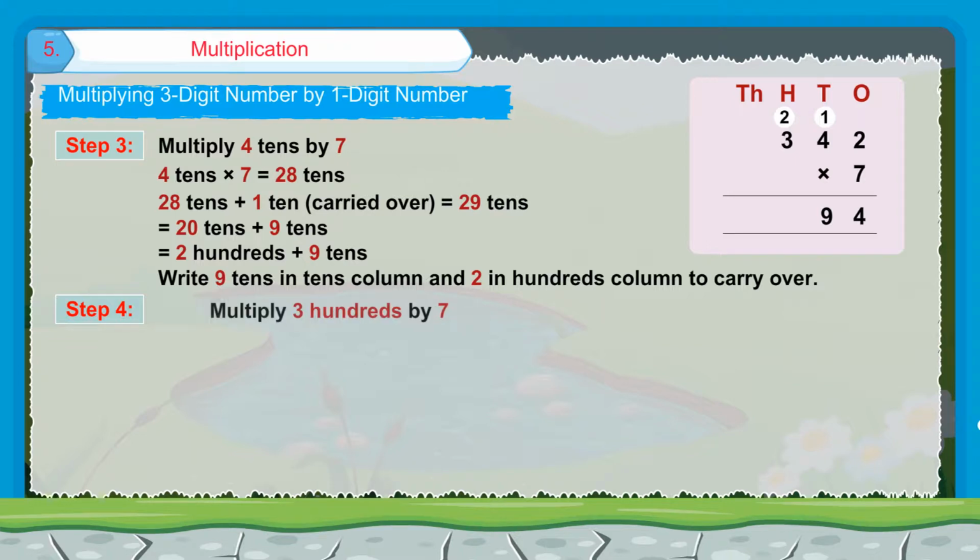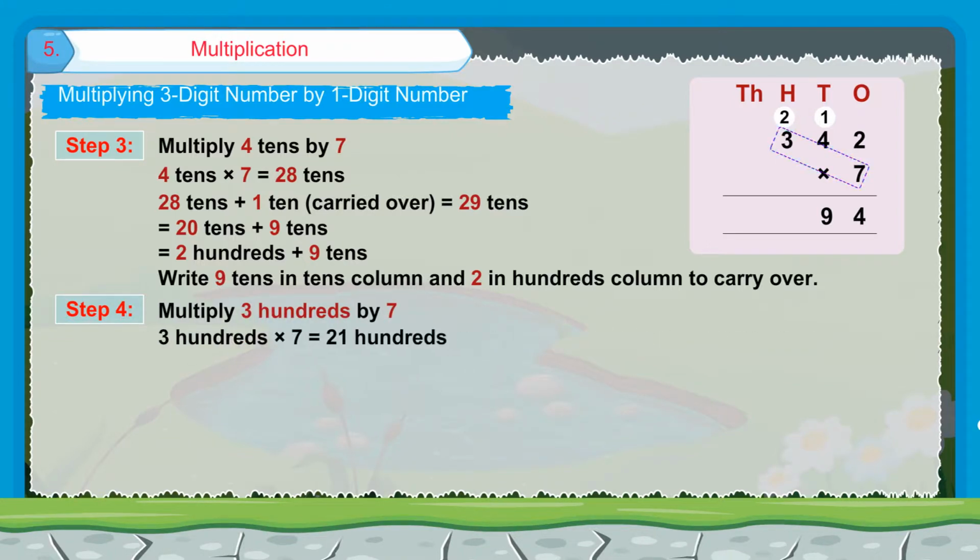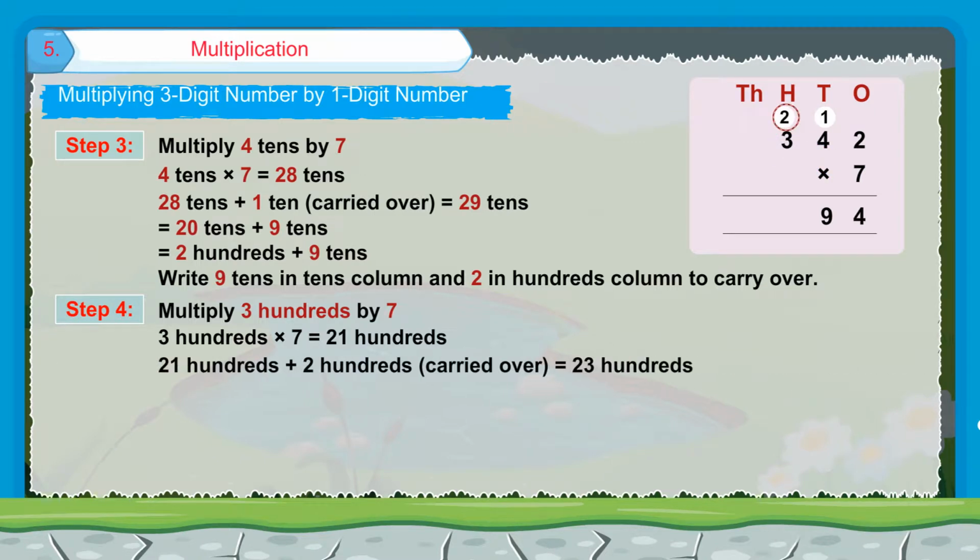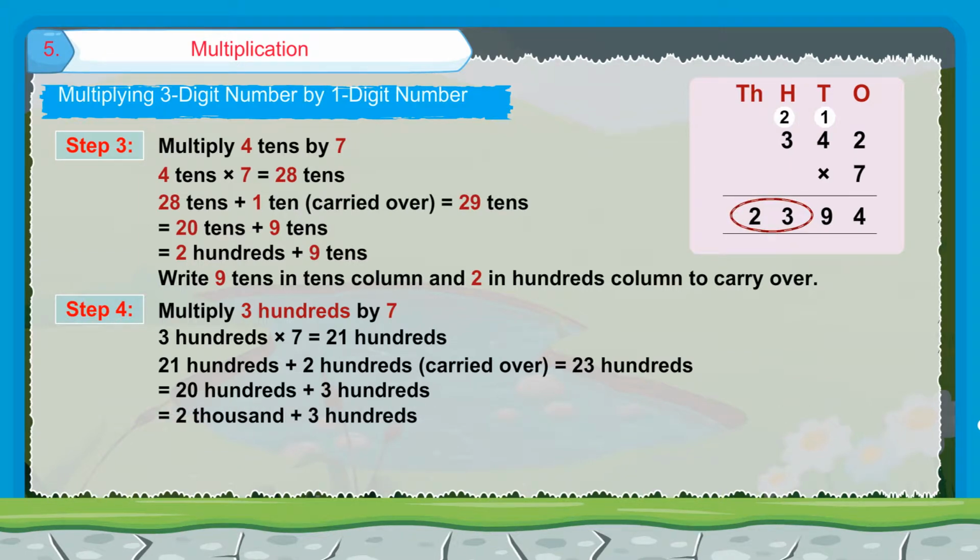Step 4. Multiply 3 hundreds by 7. 3 hundreds into 7 is equal to 21 hundreds. 21 hundreds plus 2 hundreds carried over is equal to 23 hundreds, is equal to 20 hundreds plus 3 hundreds, 2000 plus 3 hundreds.